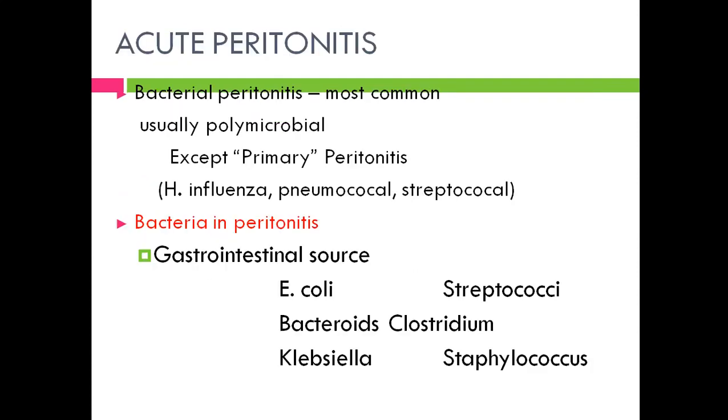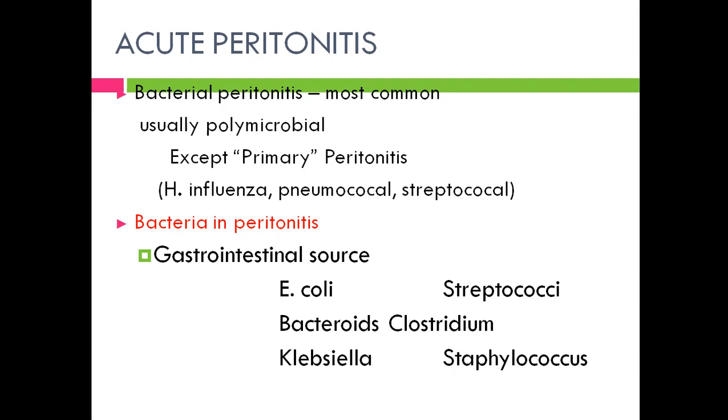Peritonitis is the inflammation of the peritoneum. Peritonitis can be acute or chronic. The most common is bacterial peritonitis, usually caused by a variety of organisms; usually it is polymicrobial, except for some cases of primary peritonitis by H. influenzae, pneumococcal or streptococcal.